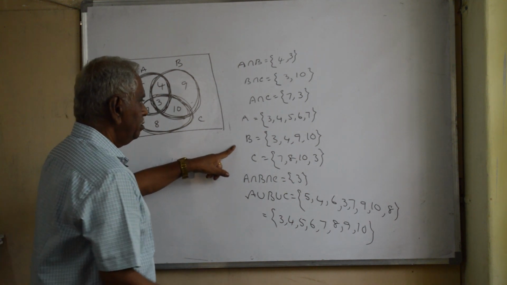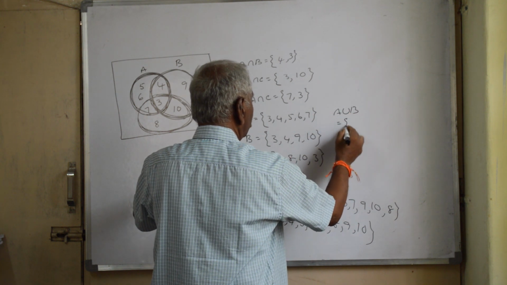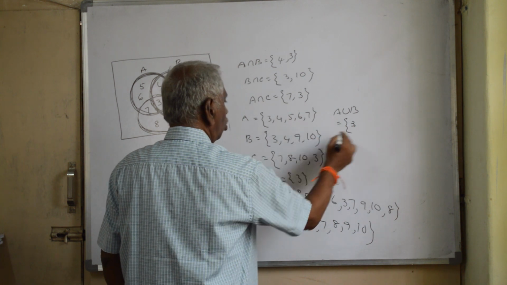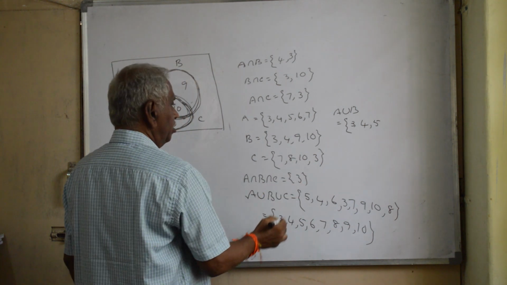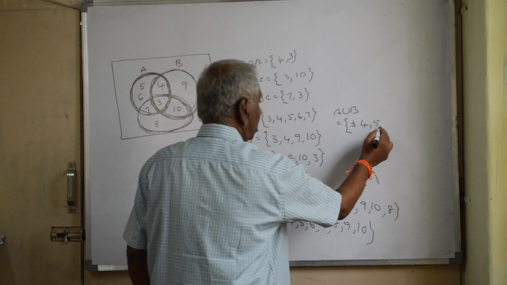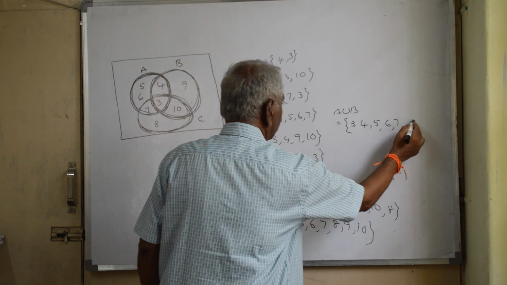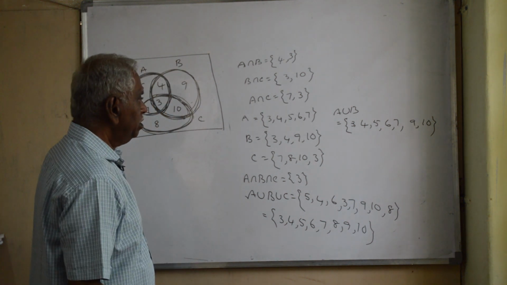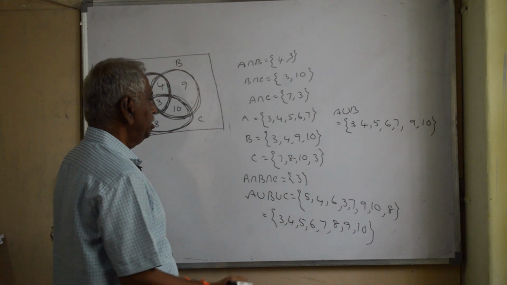A union B. What is A union B? It is 3, 4, 5, 6, 7, 9, 10.